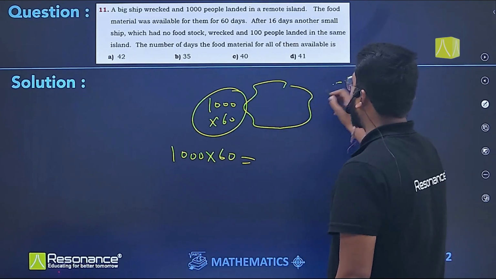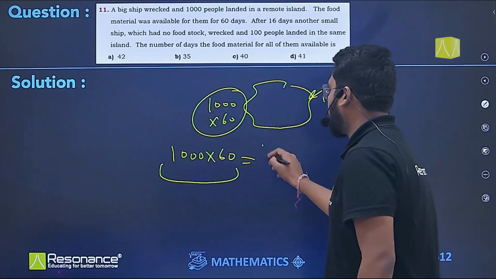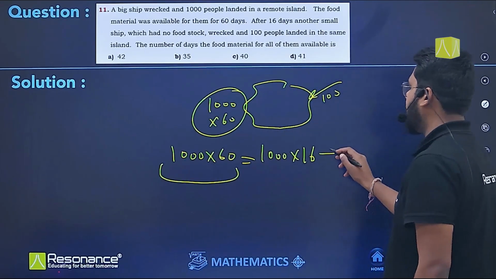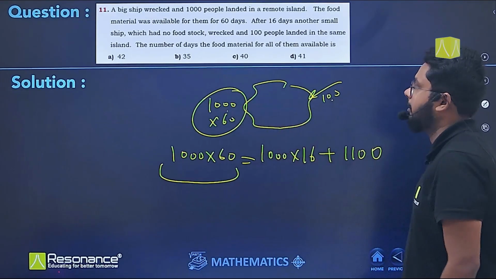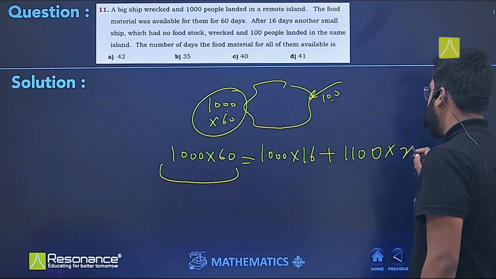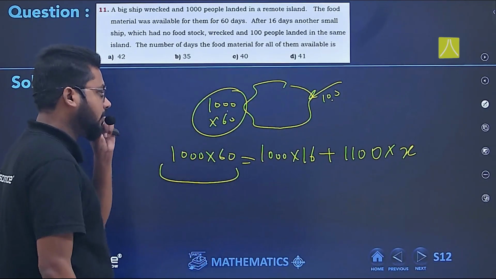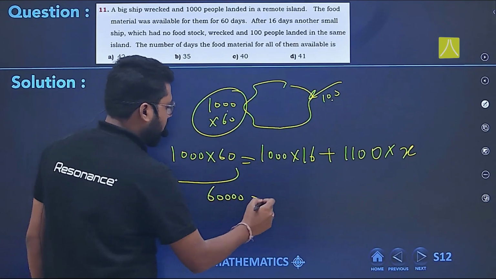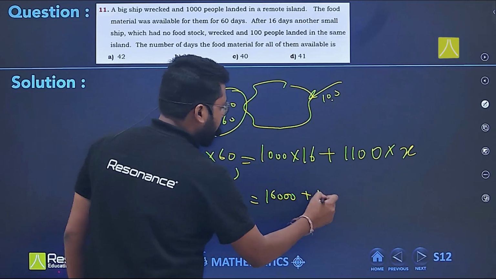Out of this stock, 1,000 people have already eaten for 16 days. After 16 days, the people will be 1100, because 1,000 plus 100 is 1100. But we don't know for how many days they will eat the food, so we have taken that as x. We have to find the value of x. So 60,000 equals 16,000 plus 1100x.